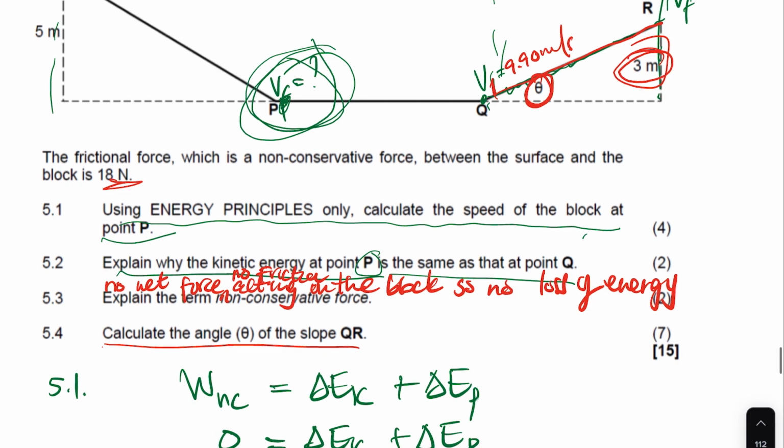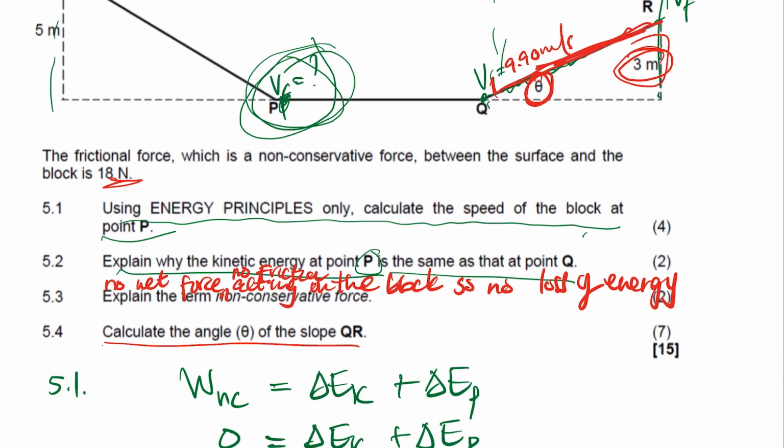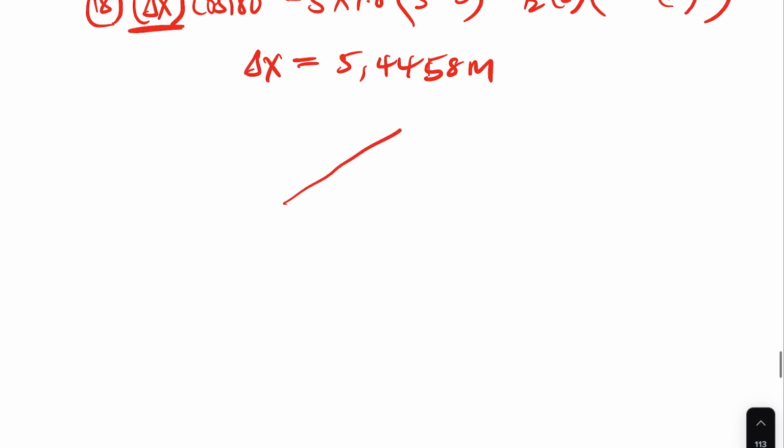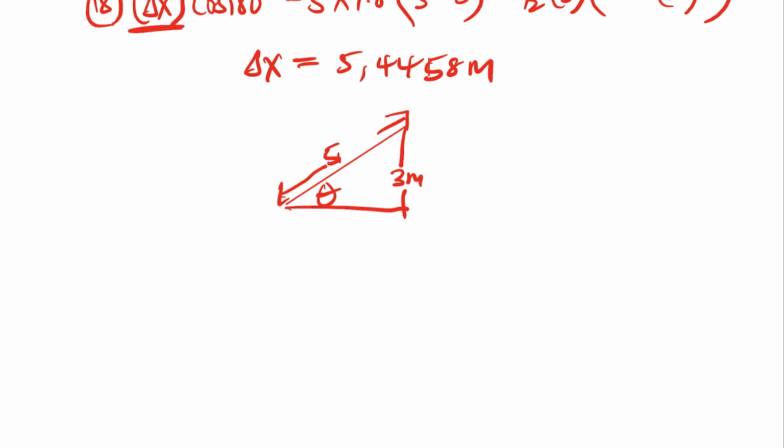Now from this we have the displacement, and we have the height, it's 3 meters, and we're looking for the angle. The displacement is 5.4458 meters, so we're going to use the sine. Sine theta is equal to height over hypotenuse.